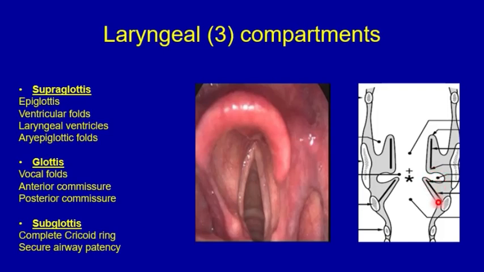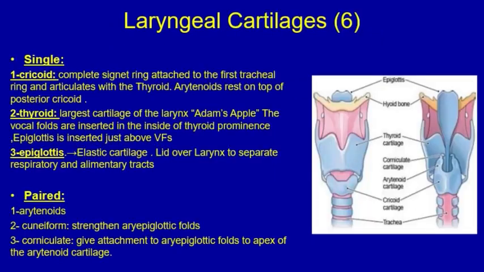Below the vocal folds is the subglottic space formed in the area protected by the cricoid cartilage, and above the level of the vocal folds is the supraglottis formed by the ventricular folds, the epiglottis, the aryepiglottic folds, and the laryngeal ventricles.